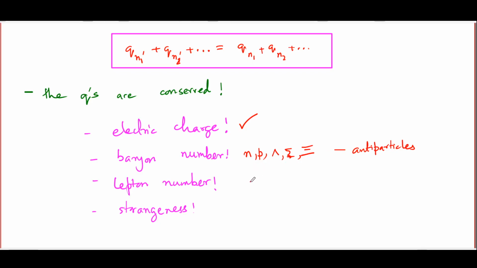Similarly, lepton number, which is the number of electrons, muons, taus, and neutrinos minus again the anti-electrons, that is positrons, anti-muons, and so on. This number is also conserved as far as all experimental evidence goes, and once again there is theoretical reason to believe that this may not be an exactly conserved number.